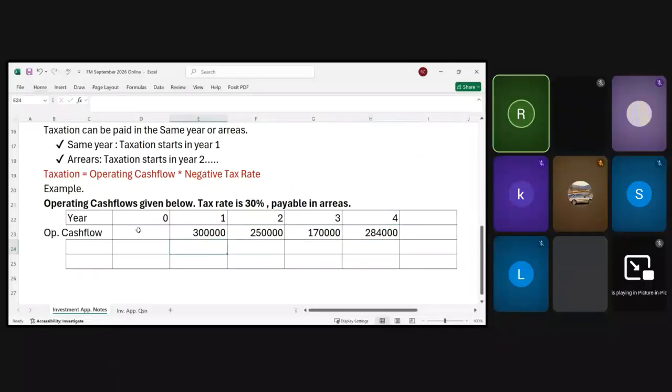These are the cash flows that we have on the upper side when we have operated.